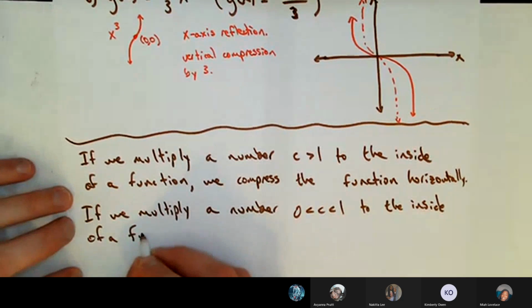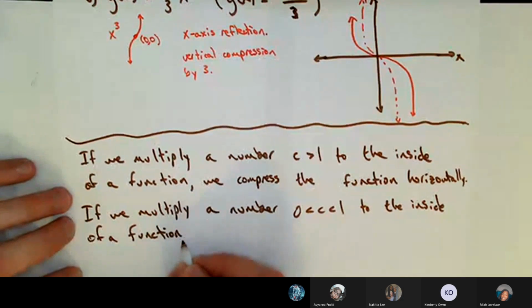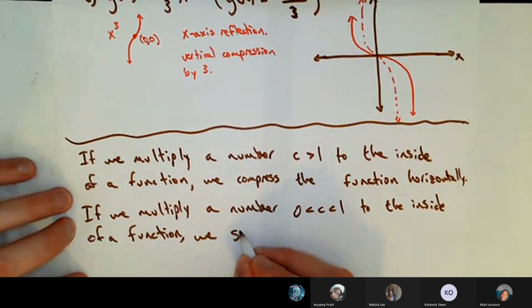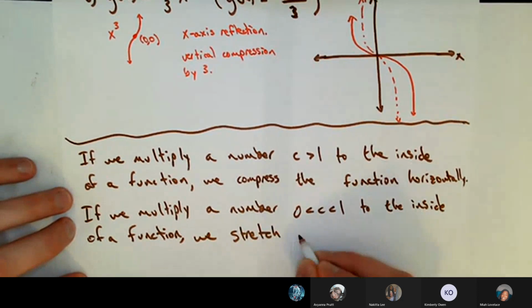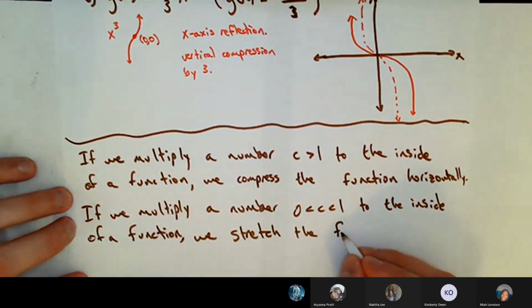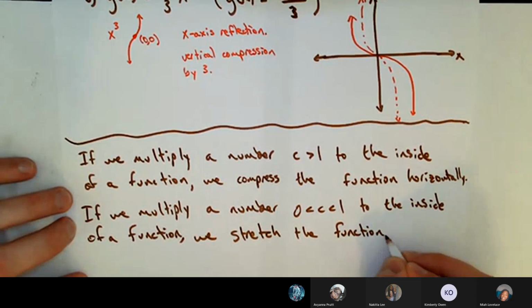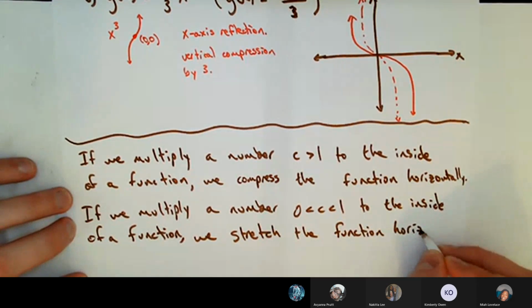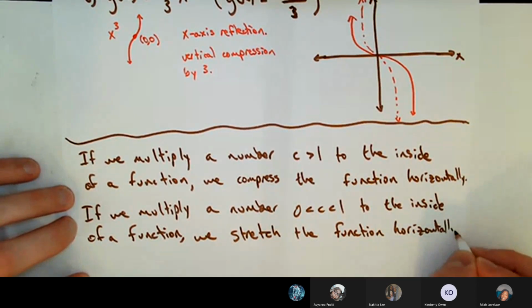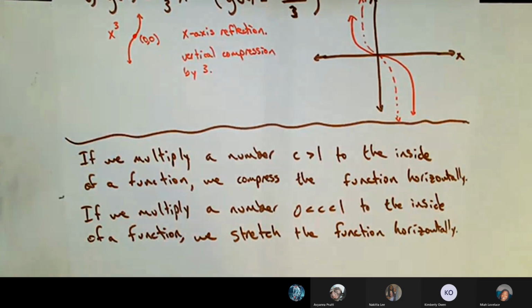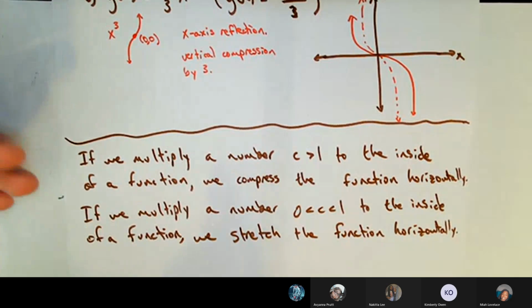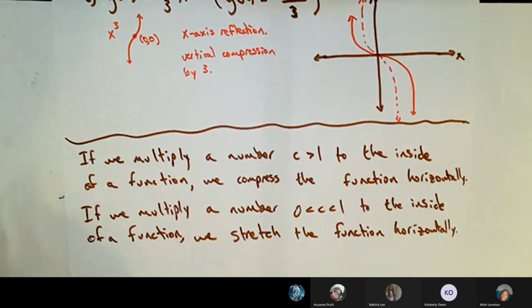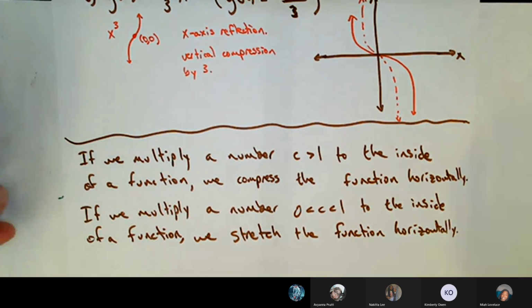I'm skipping the construction, looking at tables of values and stuff, but I'll still show you examples of these rules working. If we multiply a number between 0 and 1, so some fraction like 1/2, 1/3, or maybe 2/3, to the inside of a function, then we stretch the function horizontally.